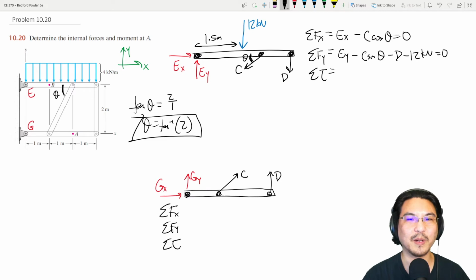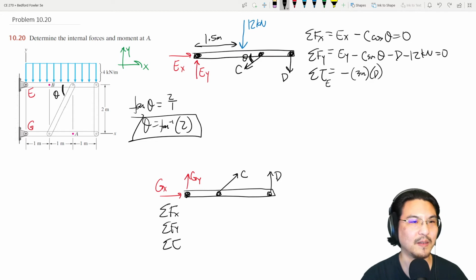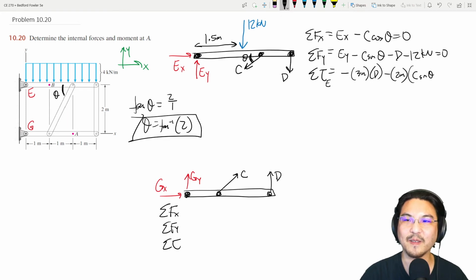And let's sum torque about somewhere clever. Okay, how about over here? Okay, so the torque from D would be negative 3 meters. The torque from C is, how far is that? 2 meters. And then only this component provides torque, so only the C sine theta component.